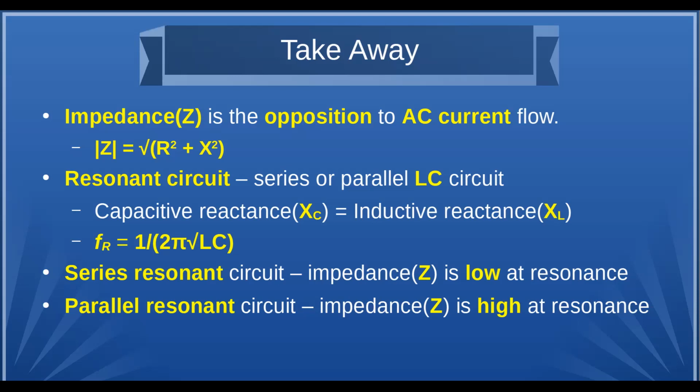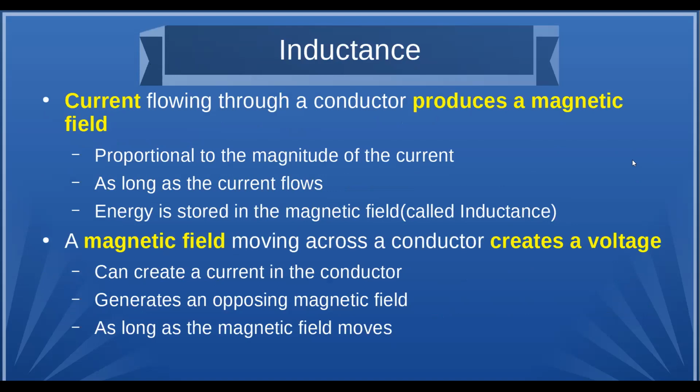The formula is 1 over 2 pi times the square root of LC. In a series resonant circuit, the impedance is low at resonance. In a parallel circuit, it's high at resonance. So there will be questions about those things, whether it's a math question or just something like high or low impedance.